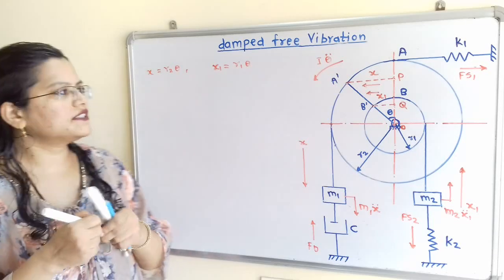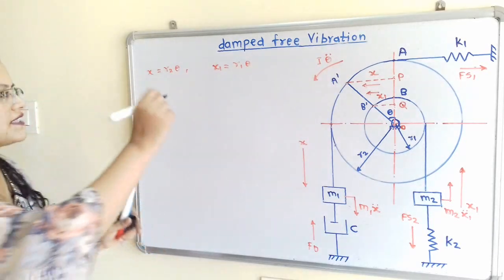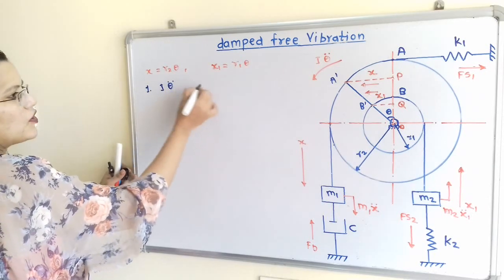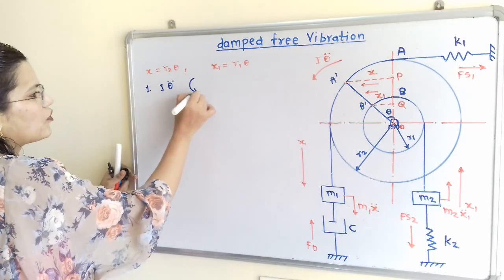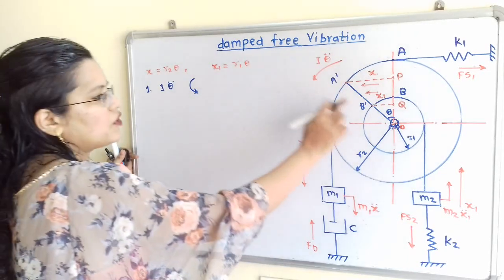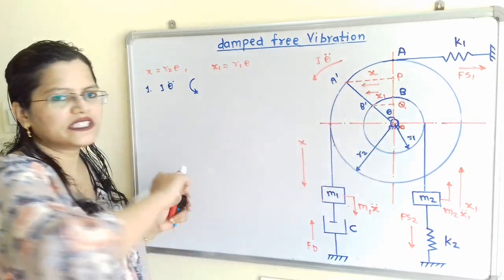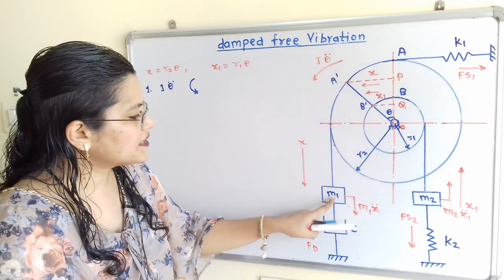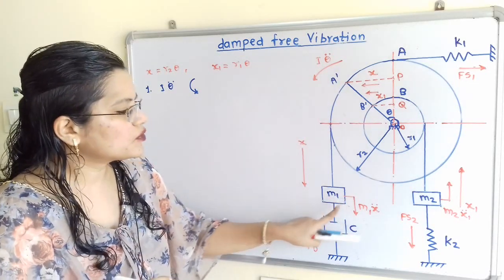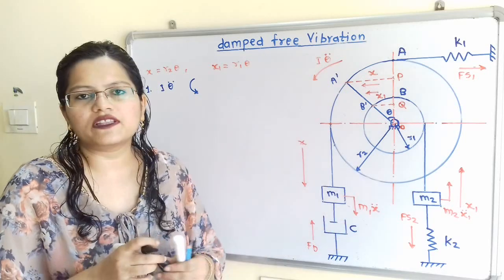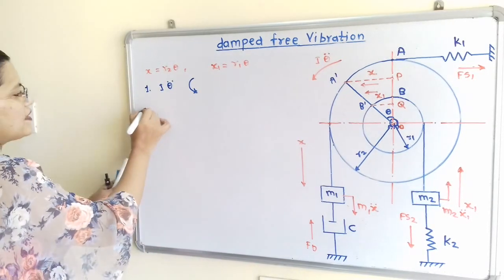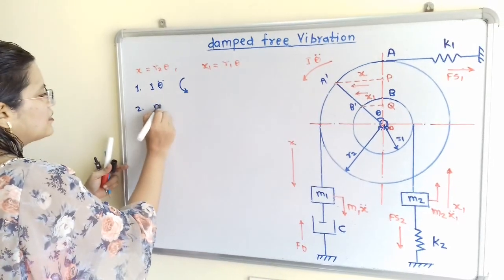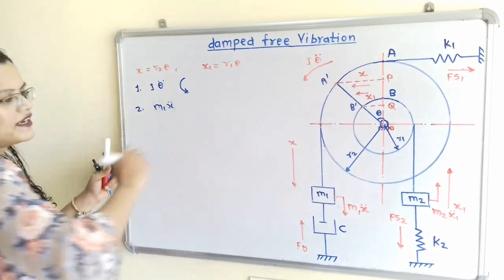So first is the acceleration couple, that is I theta double dot. So I will write here first I theta double dot and its direction is anti-clockwise. So it depends on the direction of theta. Now we will move to the next. So next is the couple due to this acceleration force m1 x double dot. So I will write here this force is m1 x double dot. Now how to find out the couple?